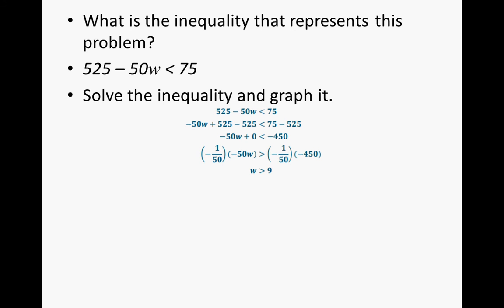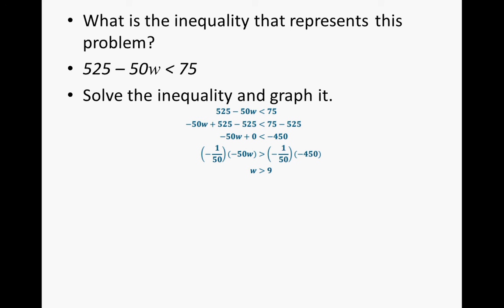Well, we would start off by subtracting 525 from 75, which will give us a negative number. But that also leaves us on the left-hand side of the inequality a negative 50 times W to show that we are taking away 50 cars per week.